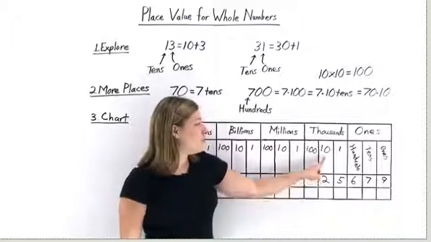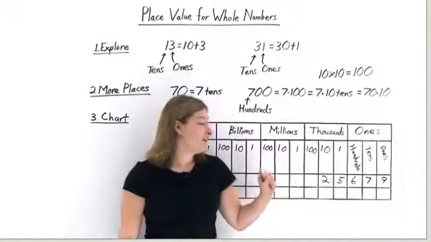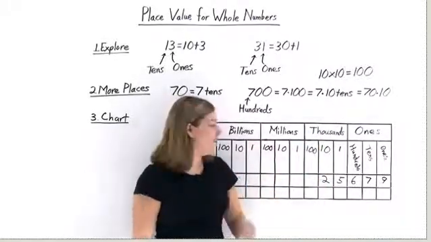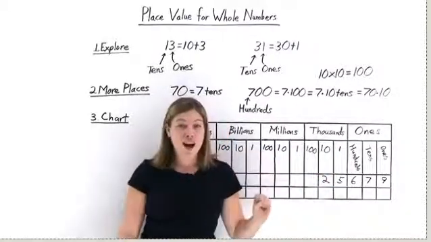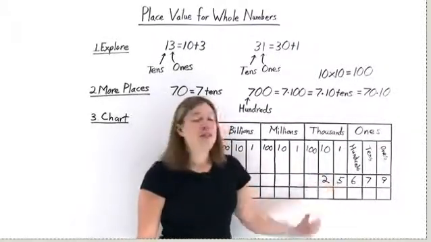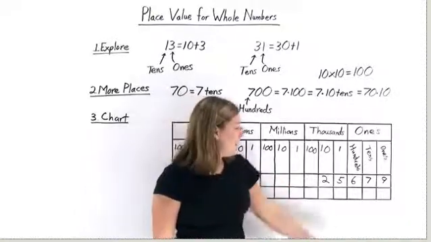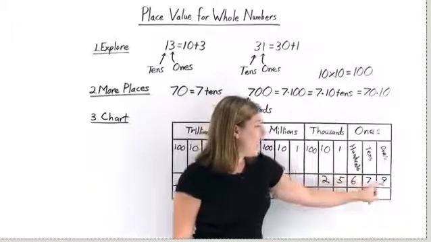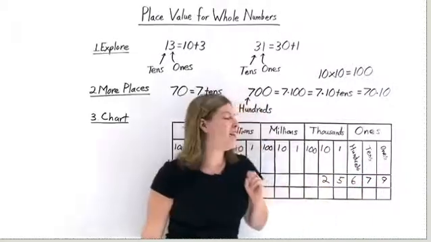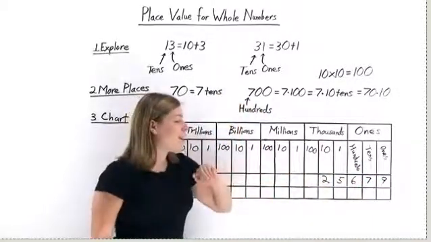Here, this digit of 2 is in the 10,000s place. So that is 20,000. Then this digit of 5 is in the 1,000s place. So that's 5,000. Together, that's 25,000. Then we have 6 in the hundreds, 7 in the tens, and 9 in the ones. This number is 25,679.